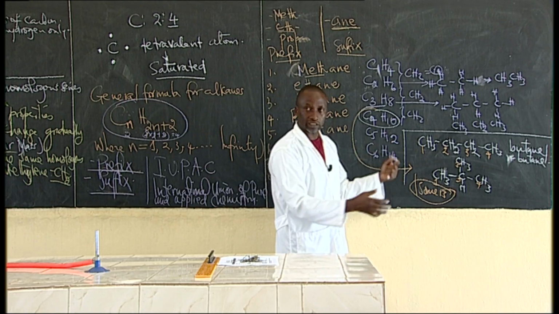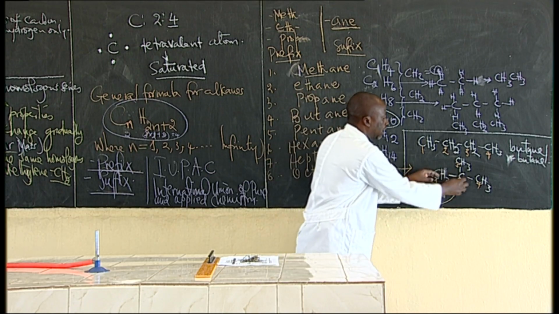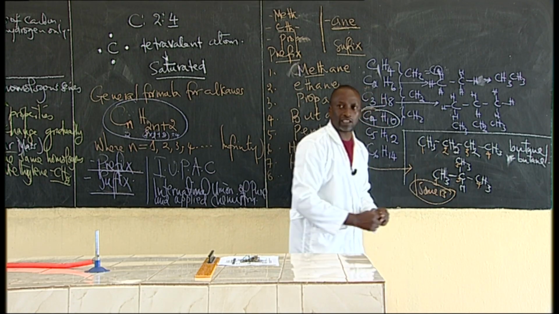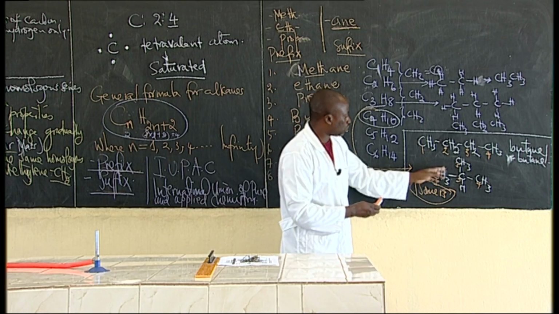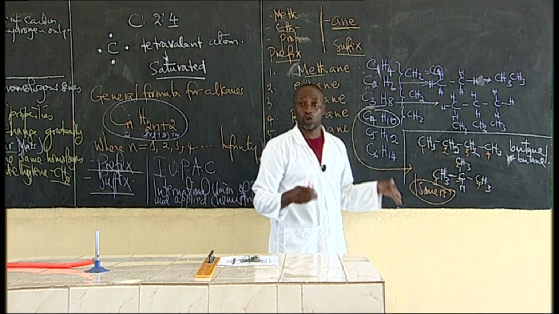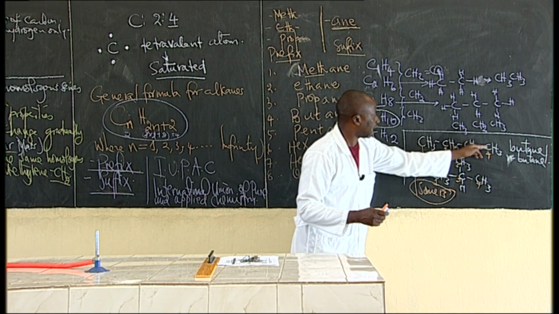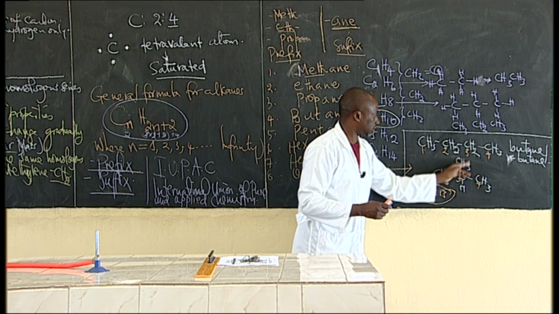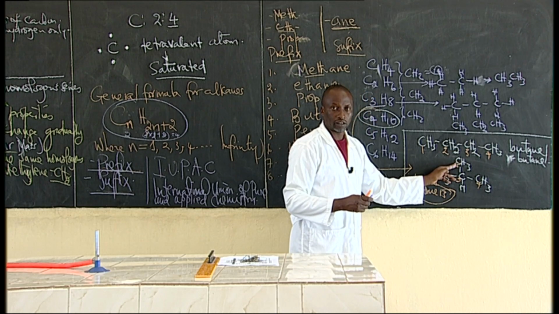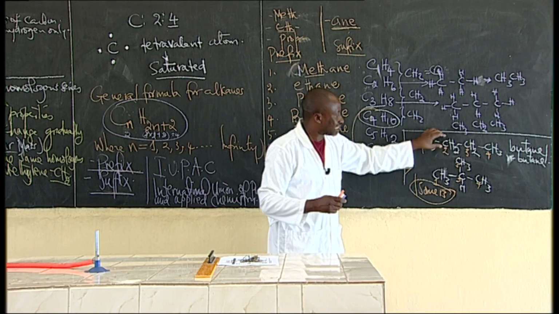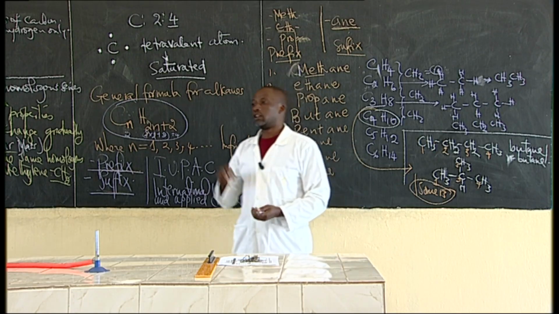They are branched. The arrangement of atoms and the bonds are not the same. This is on the line. These are branches. So these are said to be isomers.